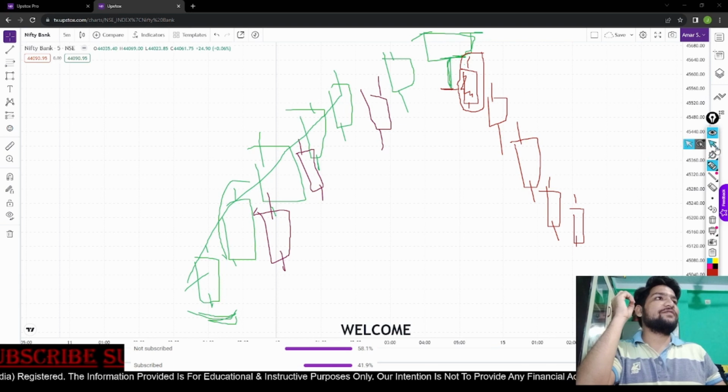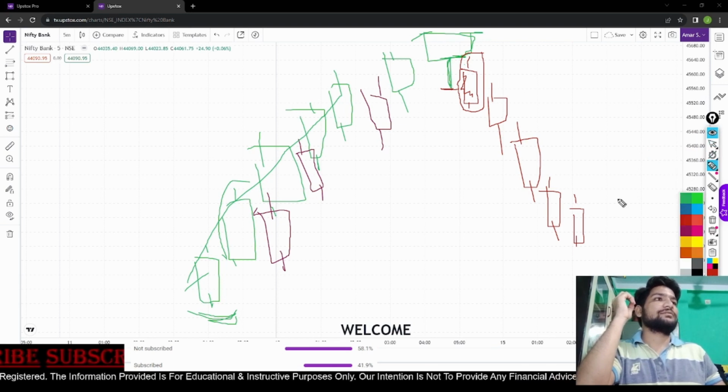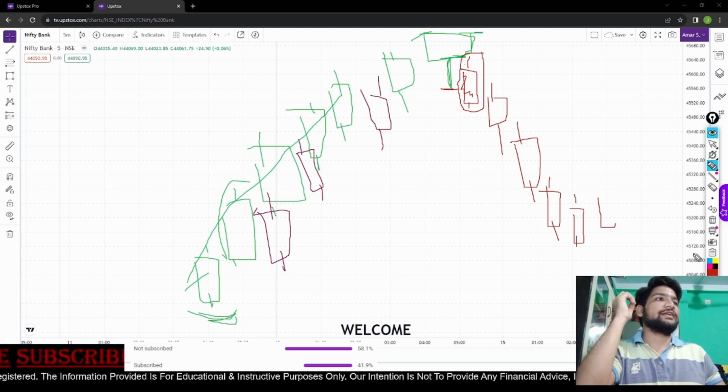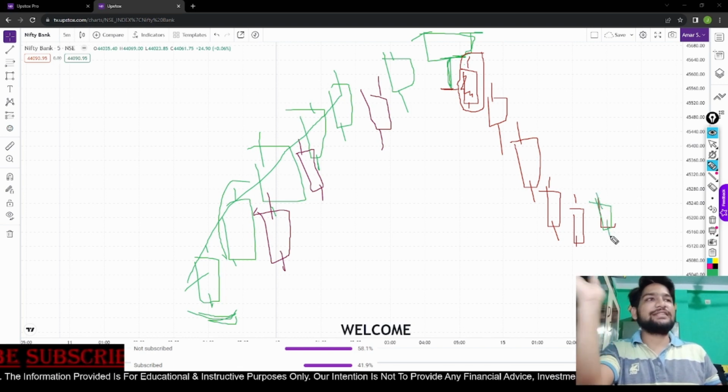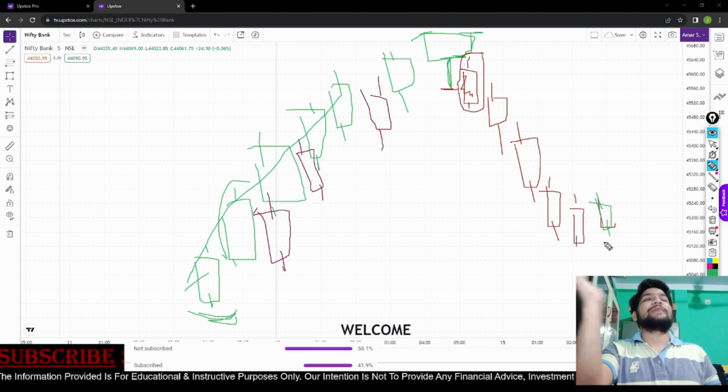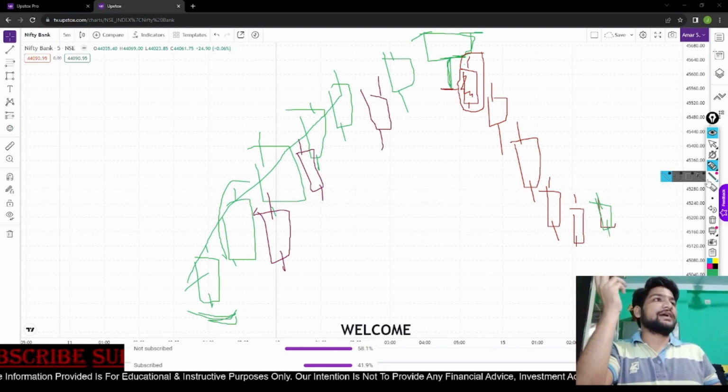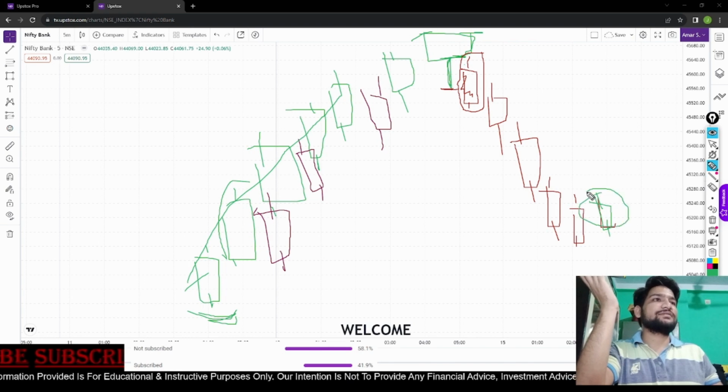In between, it may form a green candle. A simple green candle doesn't mean the buyers are again interested. It simply means that there has been some profit booking.